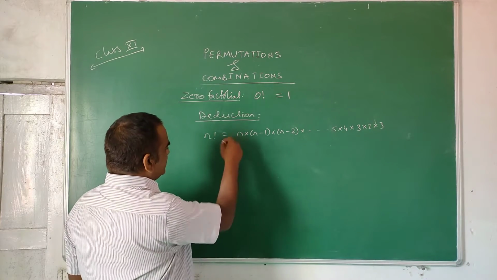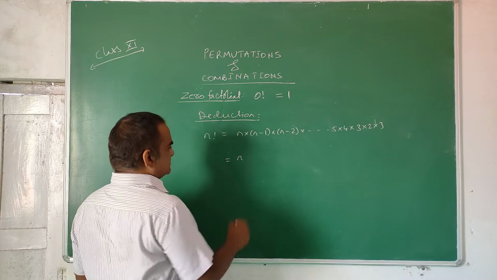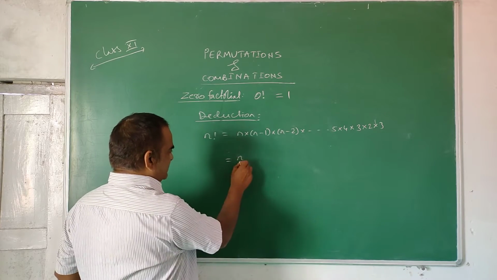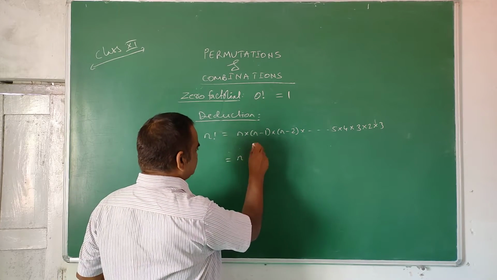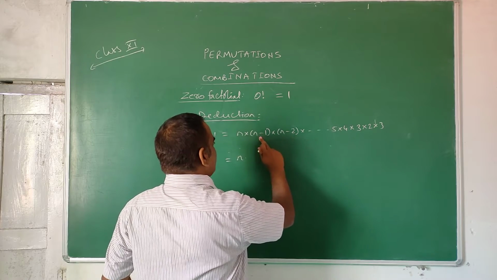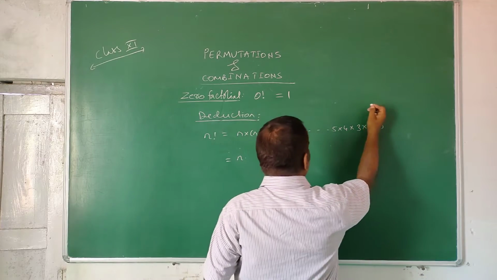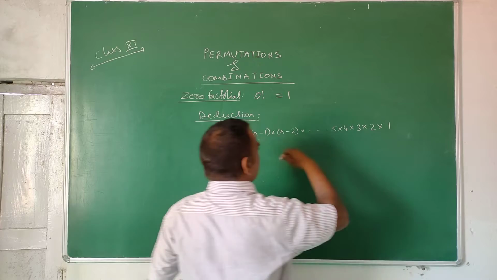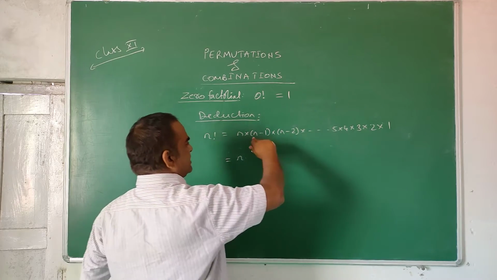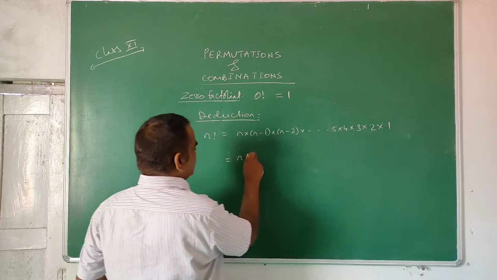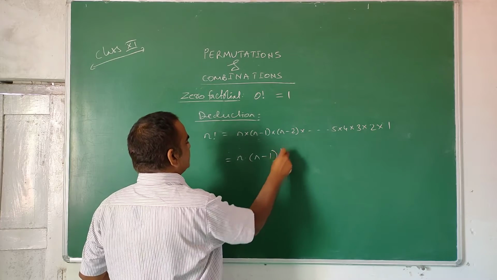Suppose you want to deduce, this is n into the consecutive product from n minus 1 till 1, which gives you n minus 1 factorial.